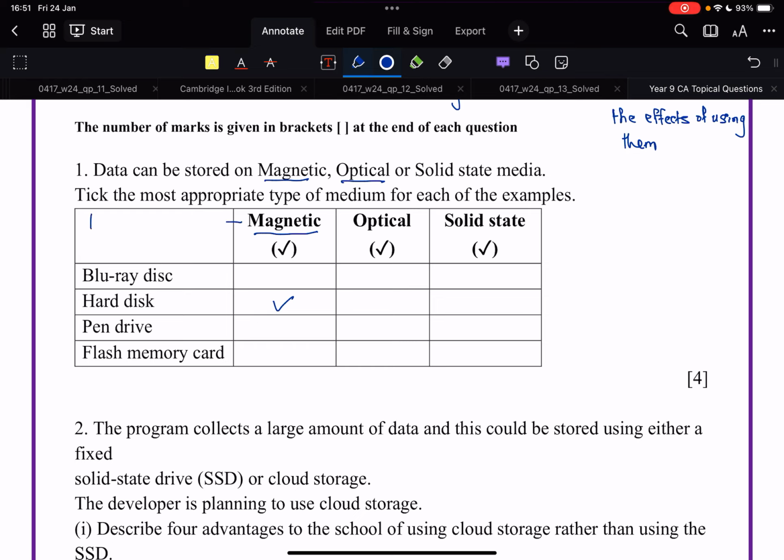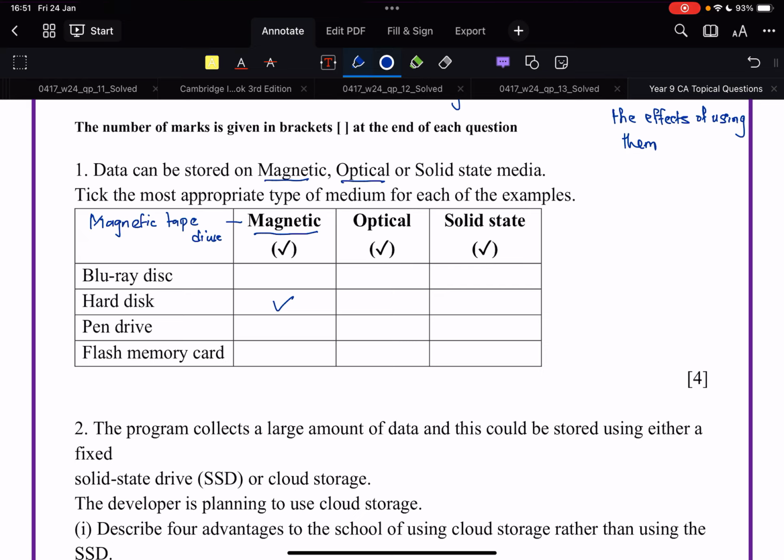So we have the magnetic tape drive. All right, let's look at optical.